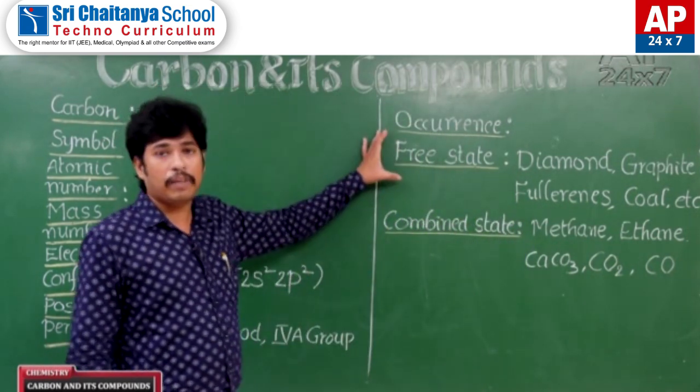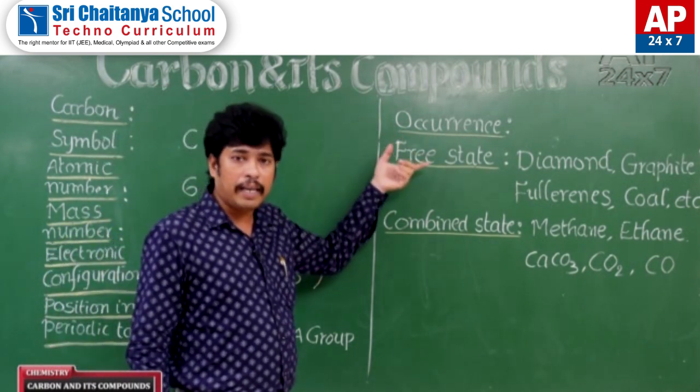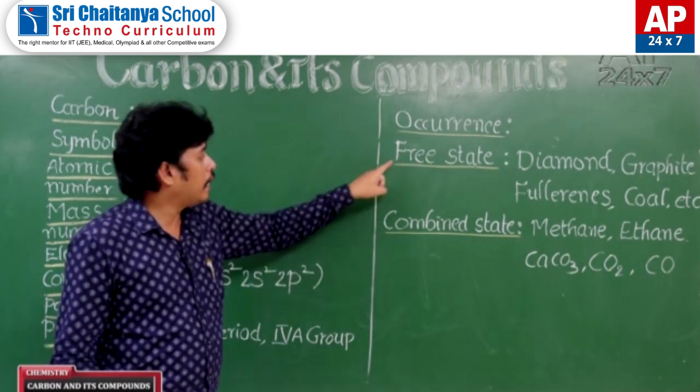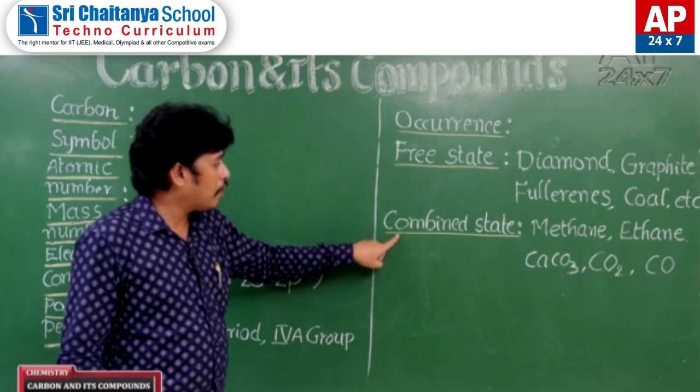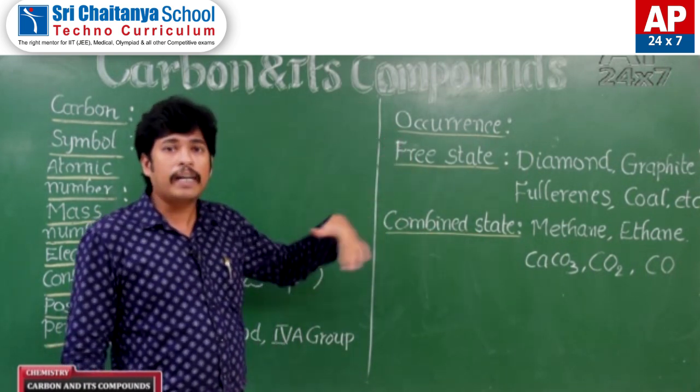Coming to the occurrence of carbon, carbon can occur in nature in 2 different forms. The one is the free state and the second one is the combined state. What does free state indicate?